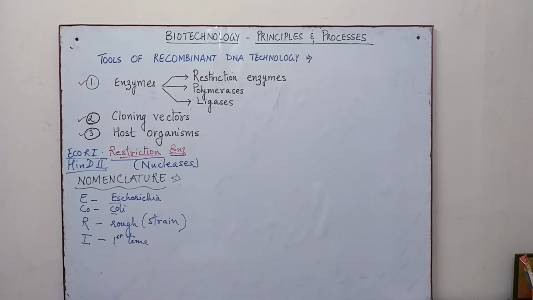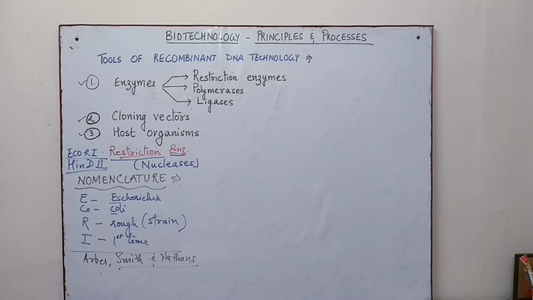EcoR1 enzyme is very commonly used, and it was isolated by Arber, Smith and Nathans in 1978.